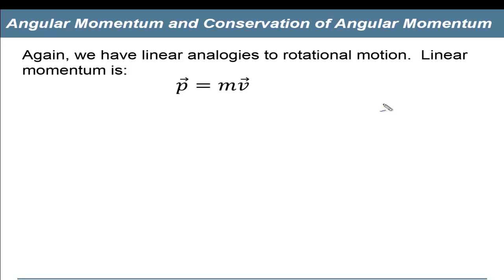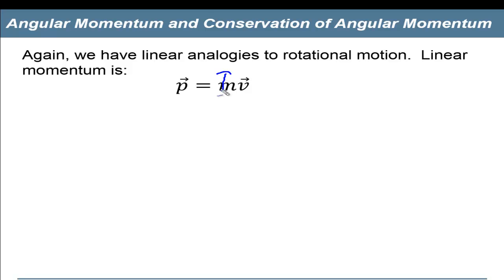Again, making some linear analogies to rotational motion, we have linear momentum. P is equal to mass times velocity. Sparing the details, but going through the same sort of process, we come to the same conclusion that we came to with the rest of the relationships between linear and angular quantities. You might be thinking, well, let's see what I would replace a mass with, I guess moment of inertia.